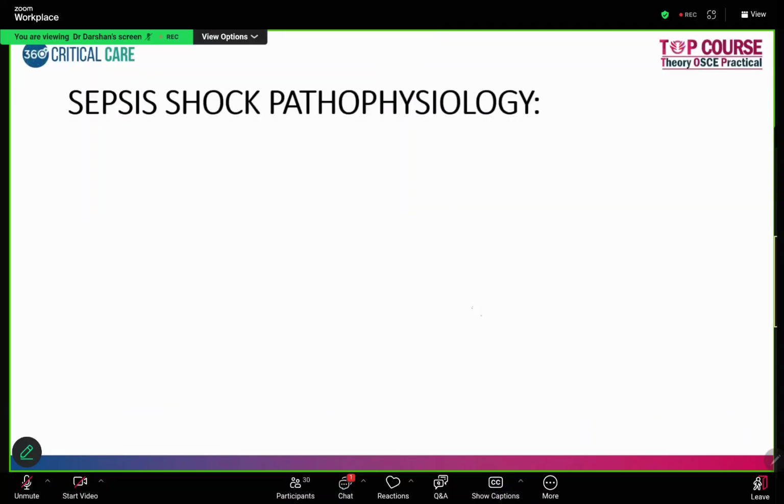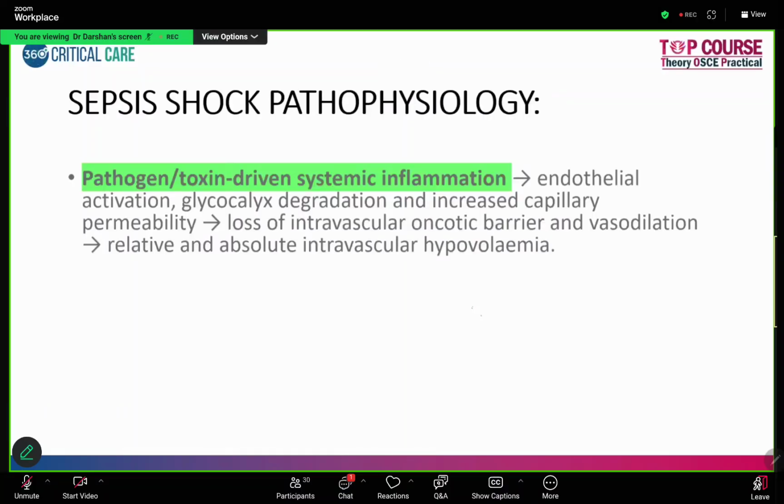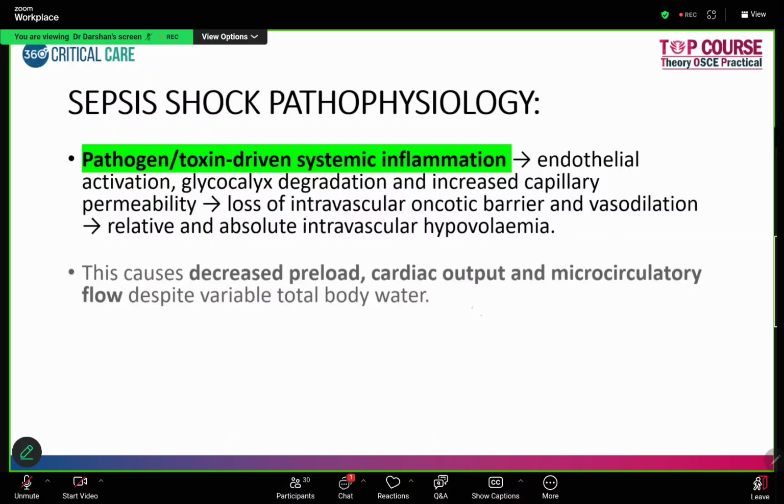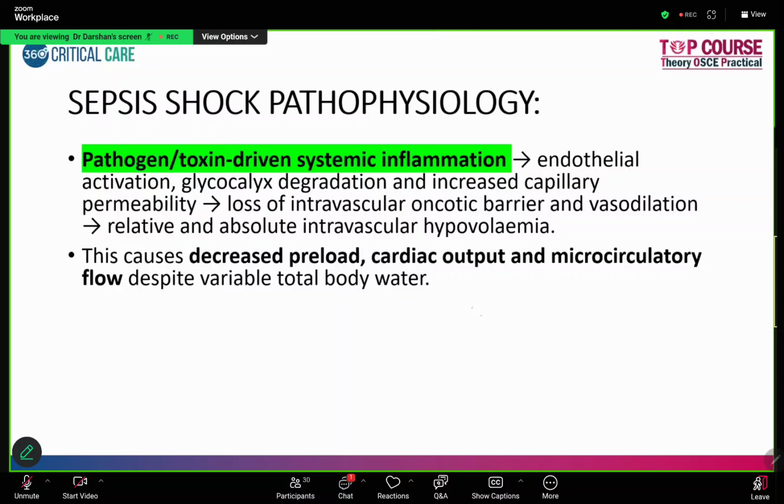Septic shock pathology is a toxin-driven systemic inflammation leading to endothelial activation, vasodilation, glycocalyx degradation, and thereby causing relative or absolute intravascular hypovolemia. This causes decreased preload, cardiac output, and microcirculatory flow, which has varied effects on total body water.